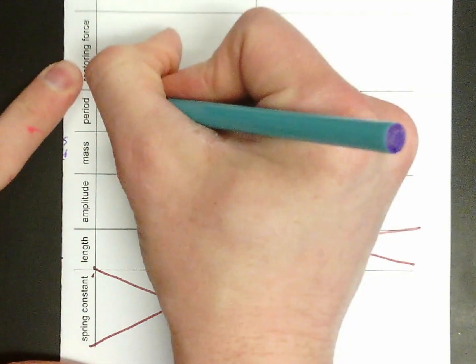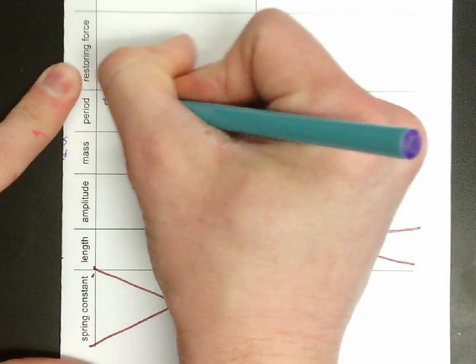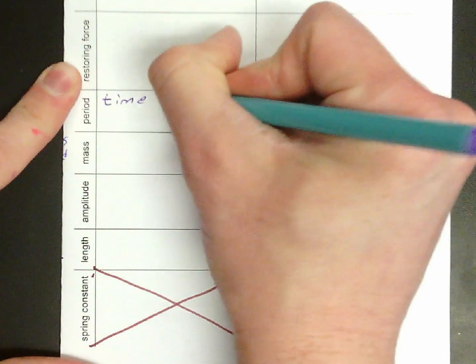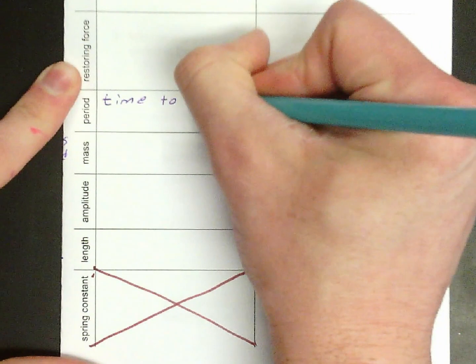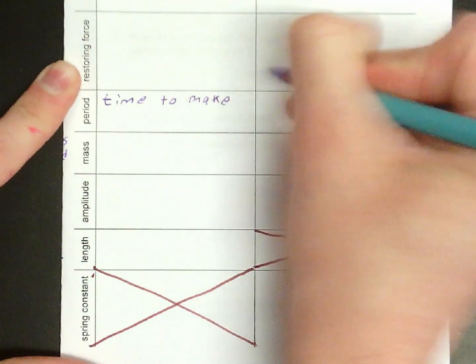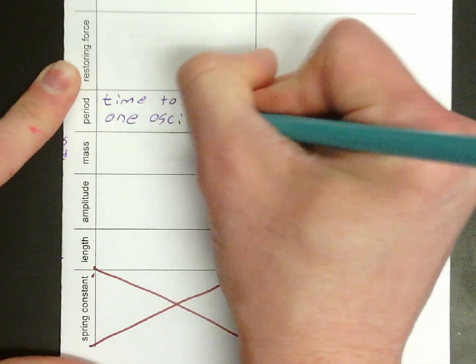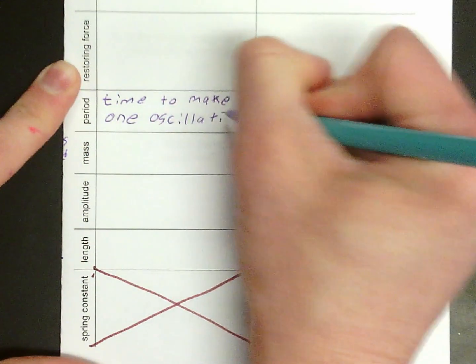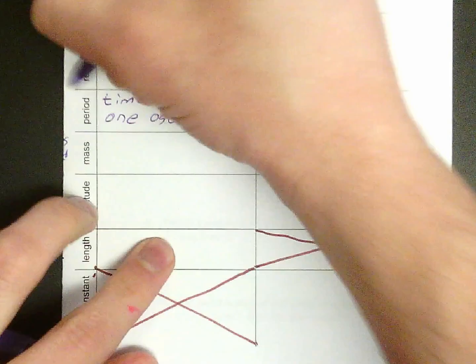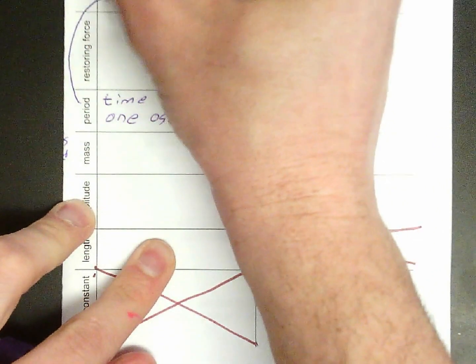Okay, so it was the thing we measured. We measured it for both of these. It was basically the time to make one oscillation. So the period for a pendulum is this, going back and forth.